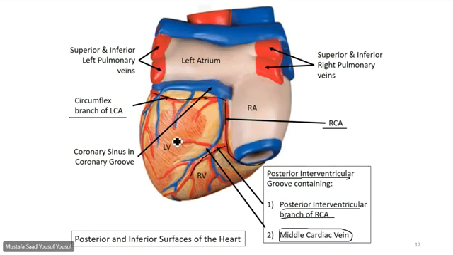What else do I have? I have this large vein here. This is the coronary sinus, which is also located in the coronary groove. So these are the arteries and veins of the heart and where they can be found.